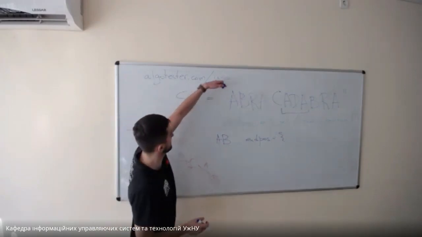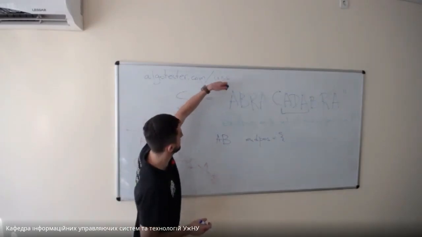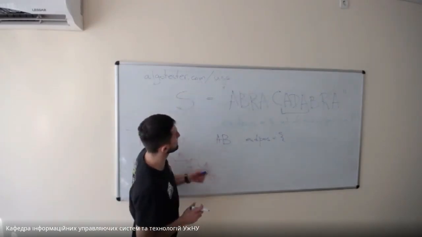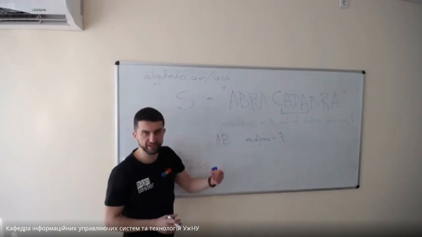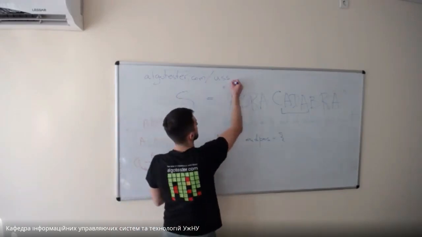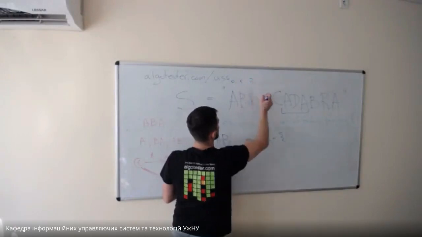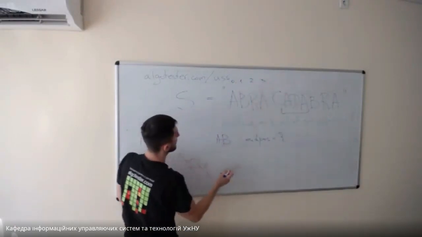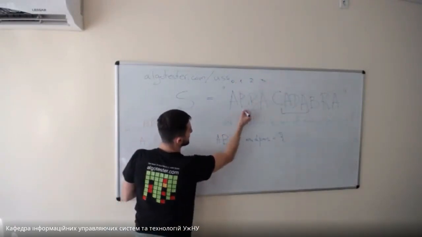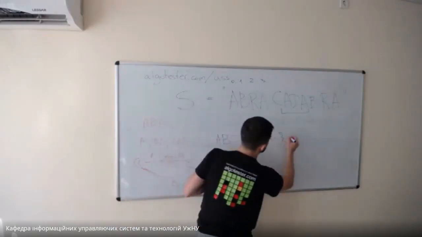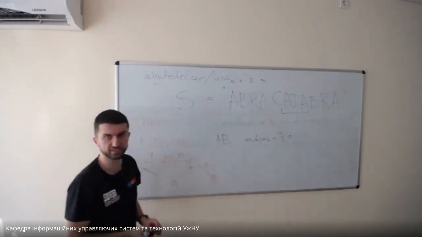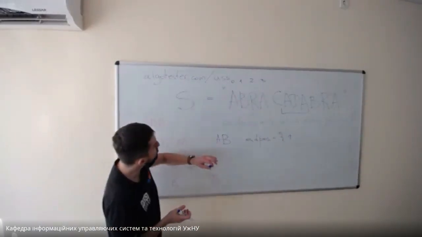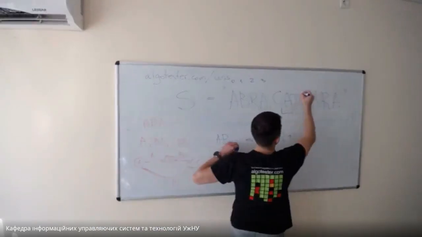So let's number the positions of characters in the string starting from 0. So this is 0, 1, 2, 3, and so on. So we have AB here, which means that position 1 will be included in end pos, as well as we have AB here.